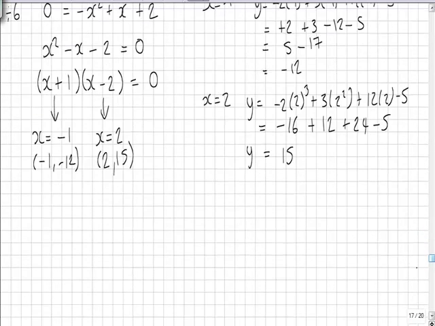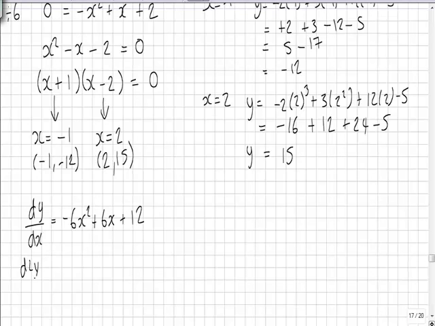Now to find the nature of the stationary points, we need to differentiate again. If you remember, dy by dx is equal to minus 6x squared plus 6x plus 12. So d2y by dx squared will be equal to minus 12x plus 6.